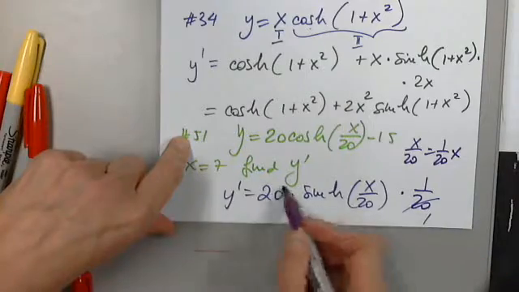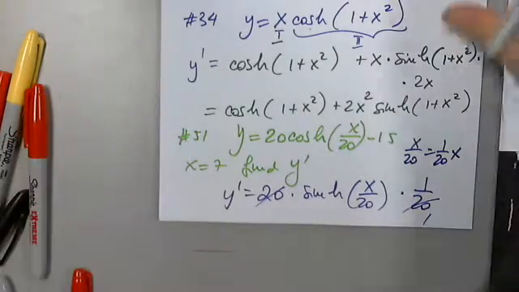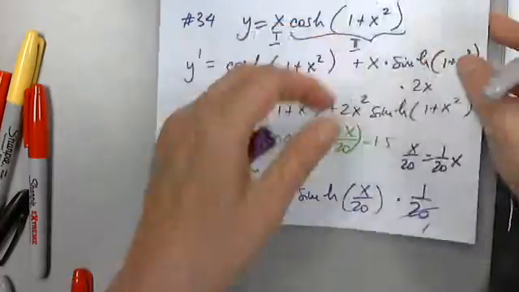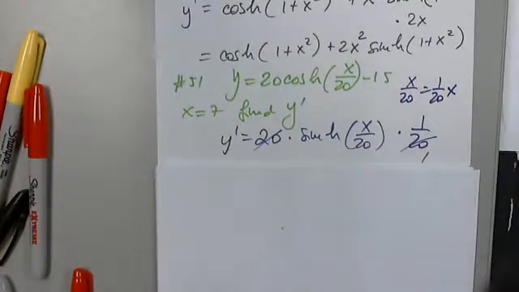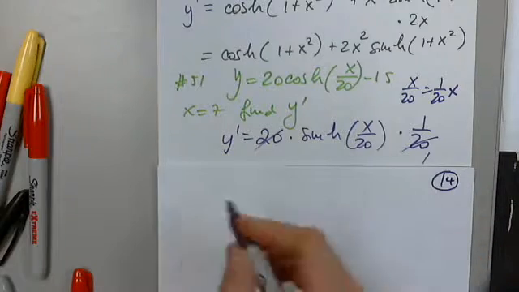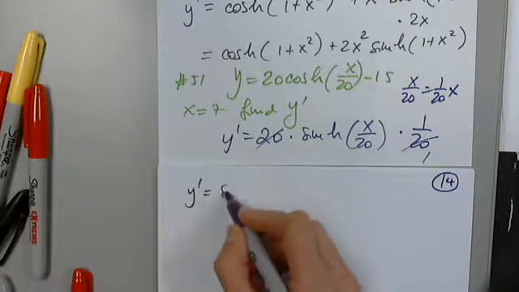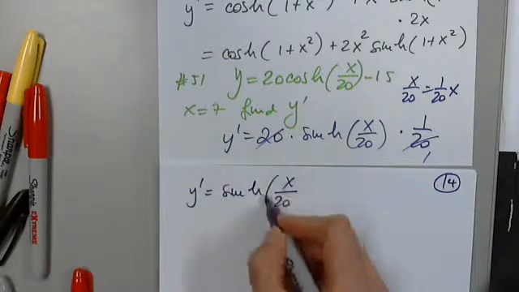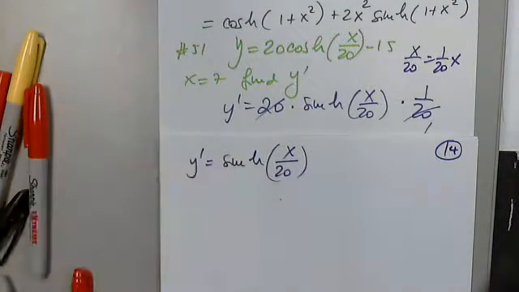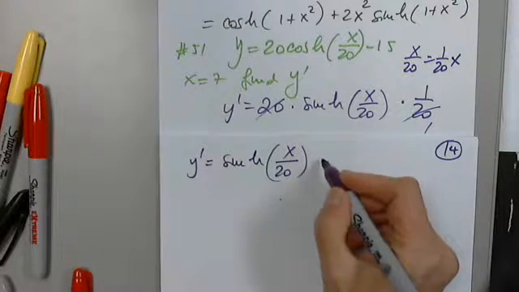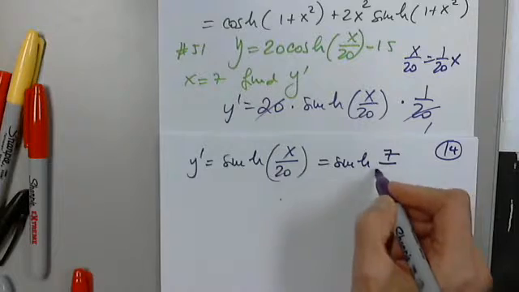So I simplify, and I get that y prime is hyperbolic sine of x divided by 20. We're asked to find this when x is 7. So then I have hyperbolic sine of 7 divided by 20.